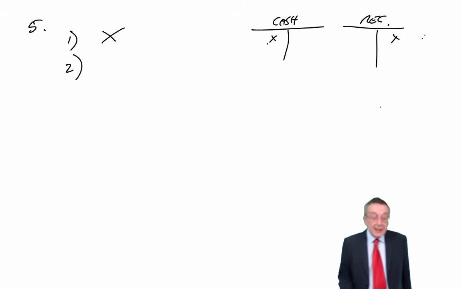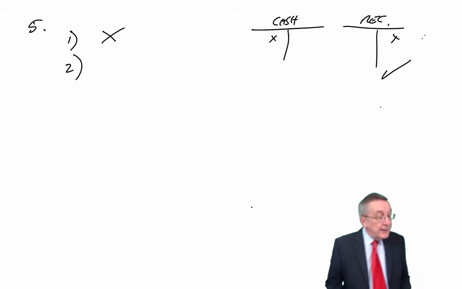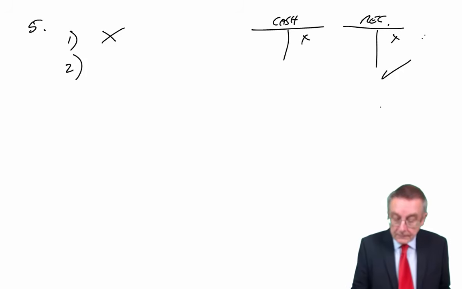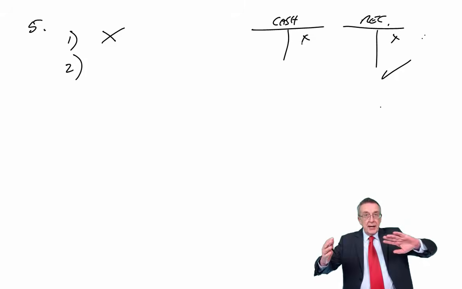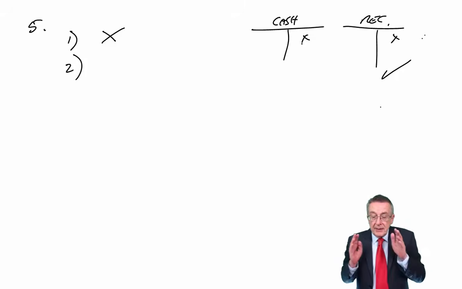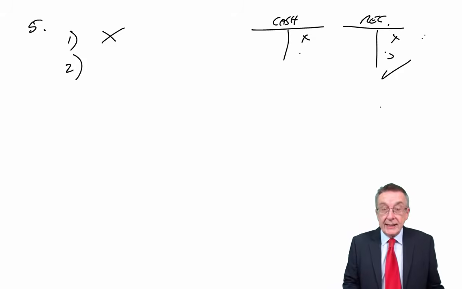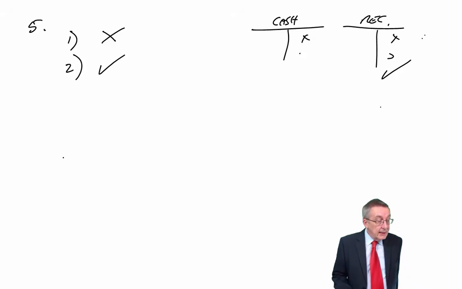Well, it says it's been correctly entered in receivables, but in cash it says we've credited cash. Well, again, if the debits equal the credits, trial balance will balance, but if the debits don't equal the credits, it won't. Well, of course, 2 credits, the trial balance won't balance. Number 2 is correct.